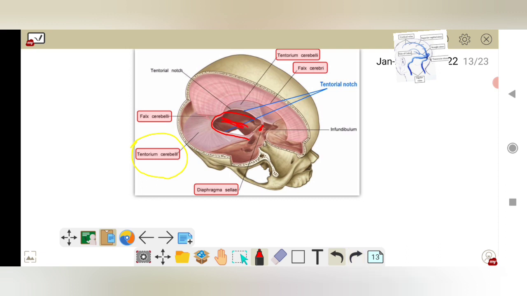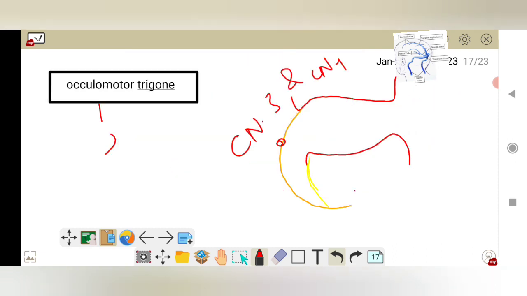This gap is occupied by the midbrain and part of the superior vermis of the cerebellum. This notch contains the midbrain and part of the superior vermis of the cerebellum, and the gap between the midbrain and the tentorial notch is the only area of communication between the subtentorial and supratentorial compartments.